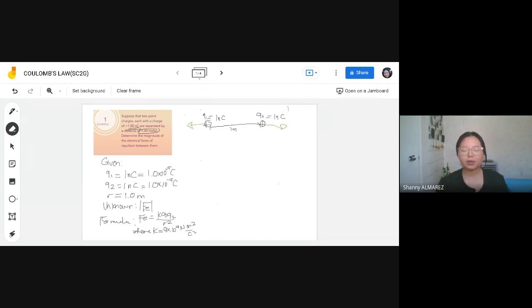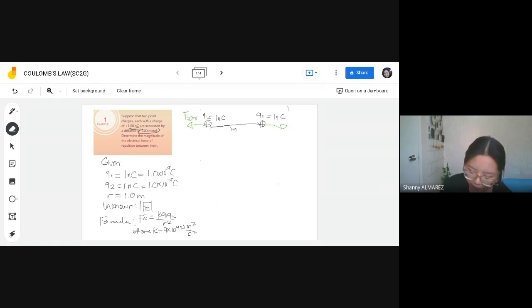Okay? Now, if we want to be very specific and we want to compute for the magnitude of the individual charges, let's try to name each force that will be experienced by each charge. So, ibig sabihin, this force, this is how we can label it, F2 on 1. Okay.